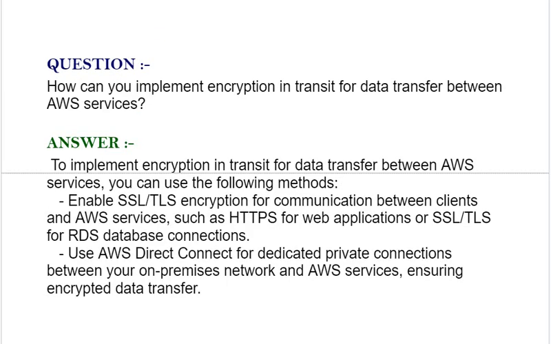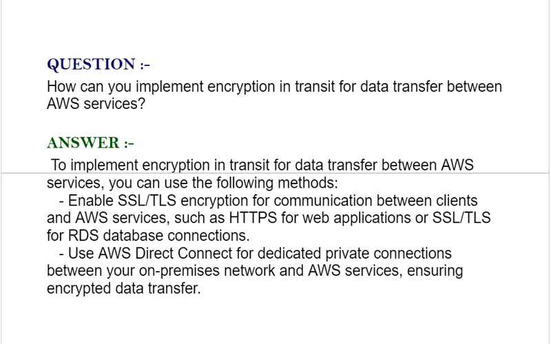Our next interview question is: how can you implement encryption in transit for data transfer between AWS services? Your answer should be: to implement encryption in transit for data transfer between AWS services, you can use the following methods.